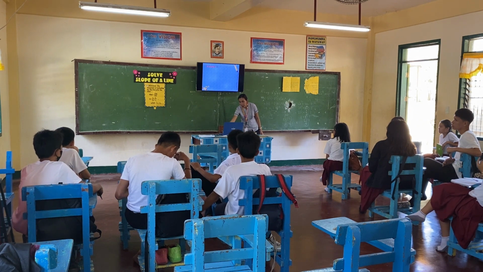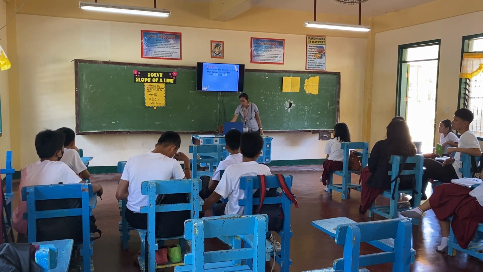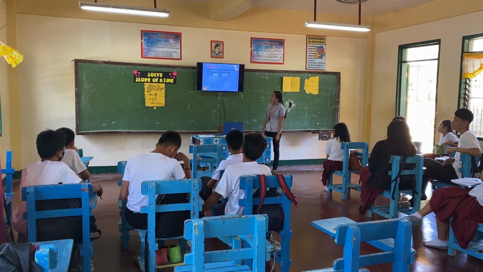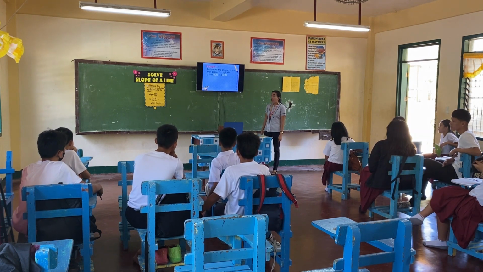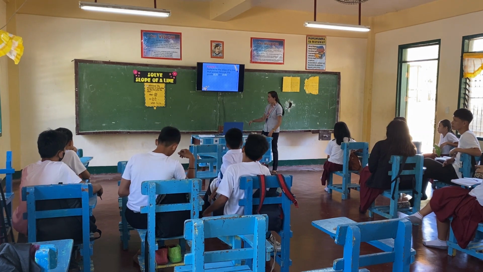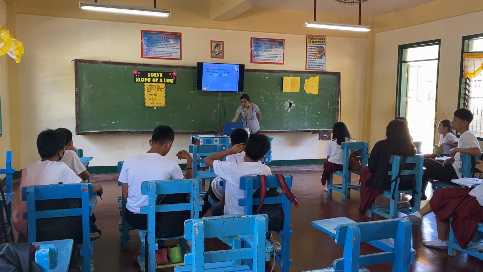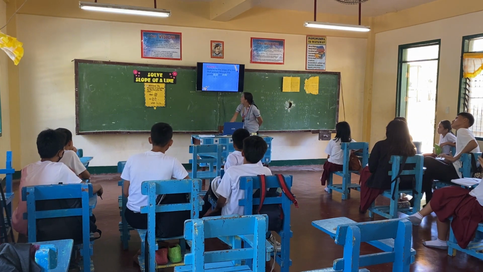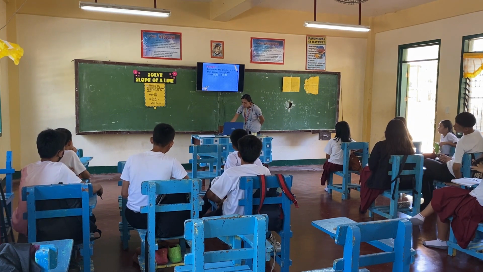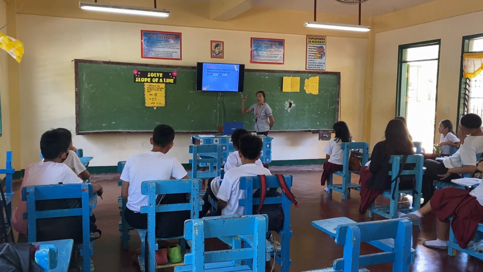Let's have example number 1 on how to solve. Determine the slope of a line that passes through the points (1, 2) and (3, 5). Asay x sub 1? 1. Dayon y sub 1, x sub 2, and y sub 2.